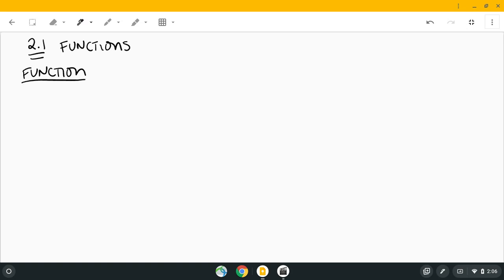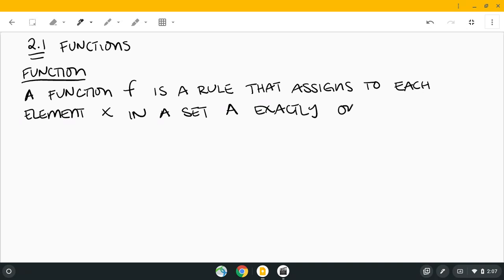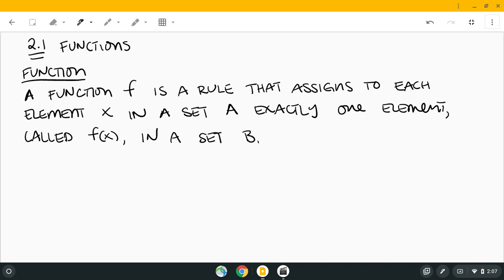A function f is a rule that assigns to each element x in a set A, we'll call it A, exactly one element called f of x in a set B. Okay.